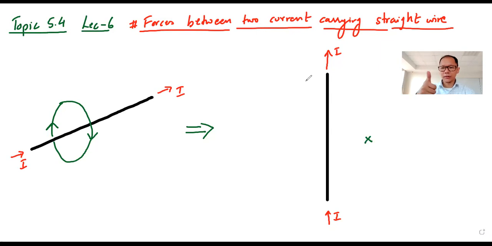As you can see, on the left side the magnetic field is coming out of the page, so I draw it as a dot. So on this plain paper, the magnetic field on the right side of the wire is going inward, and on the left side it is coming outward. This is the dot and cross representation of the magnetic field of a current carrying straight wire.